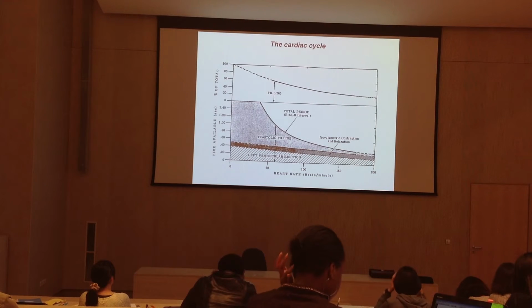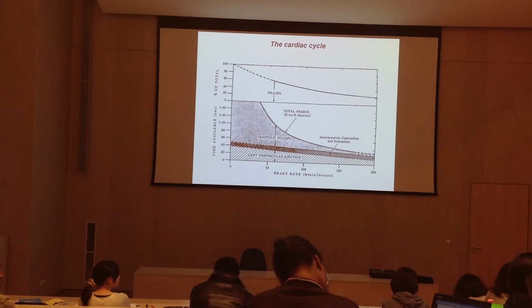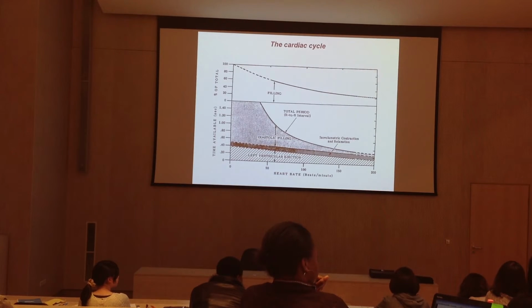Now, we have to discuss here something. The trained athletes, the sportsmen, you know that very nice thing, after the physical exercise, the heart rate doesn't increase too much, but remains low. What is the reason?